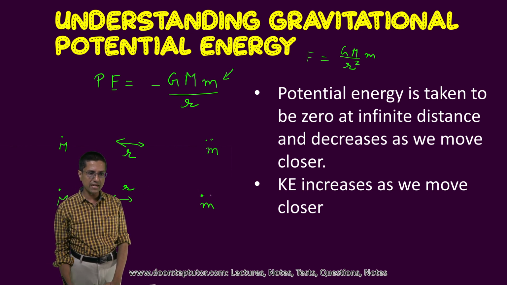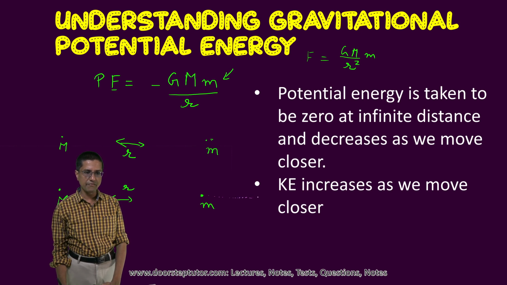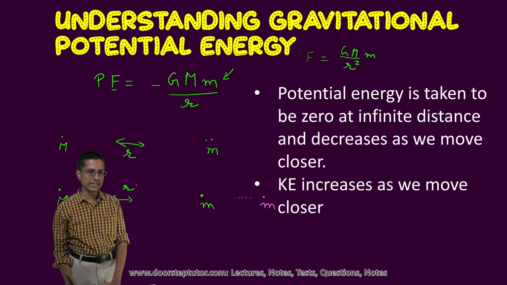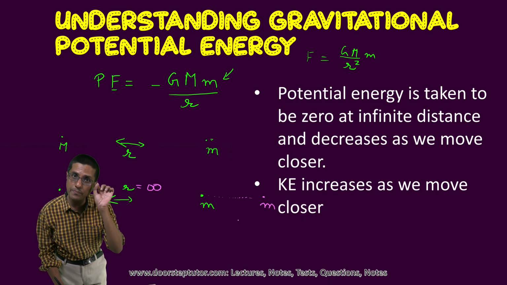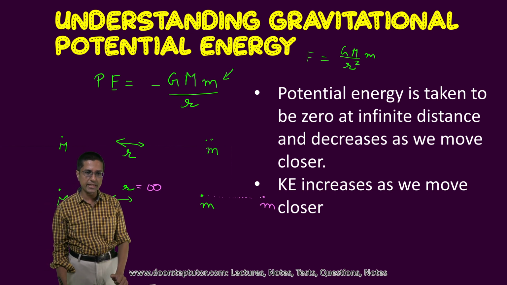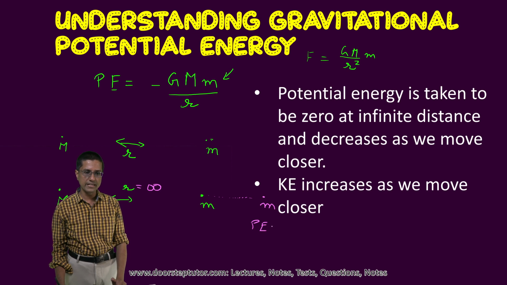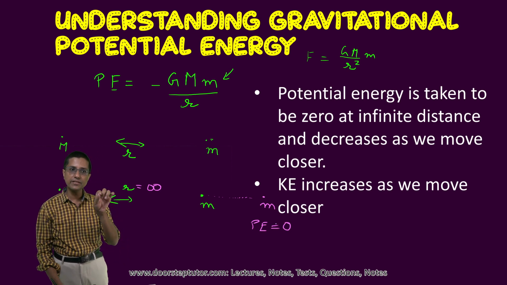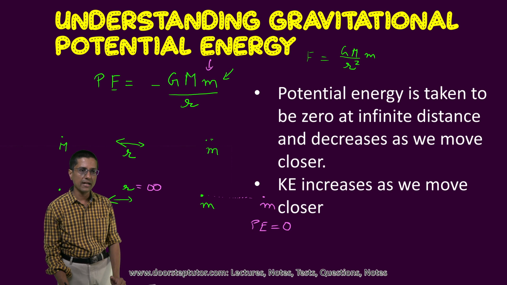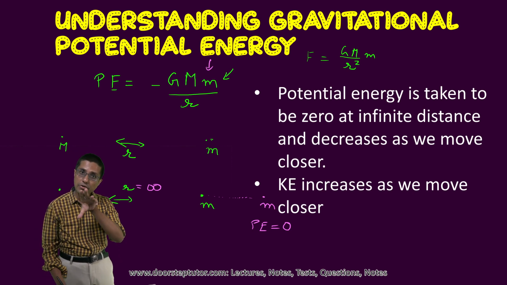Now this r, I am increasing, and when I make this r as very large as I can possibly make this, when this r becomes equal to infinity, then at that point I am assuming that my potential energy at this point is equal to 0, right? And that is the assumption which has been made in this formula. So with that assumption, what would now happen?